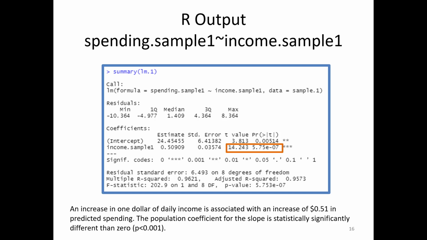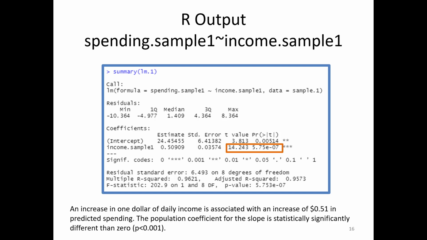So the area greater than 14.243 plus the area less than negative 14.243, and we get a very, very tiny p-value. And so this strongly suggests that our population parameter, our slope coefficient, is not equal to 0.